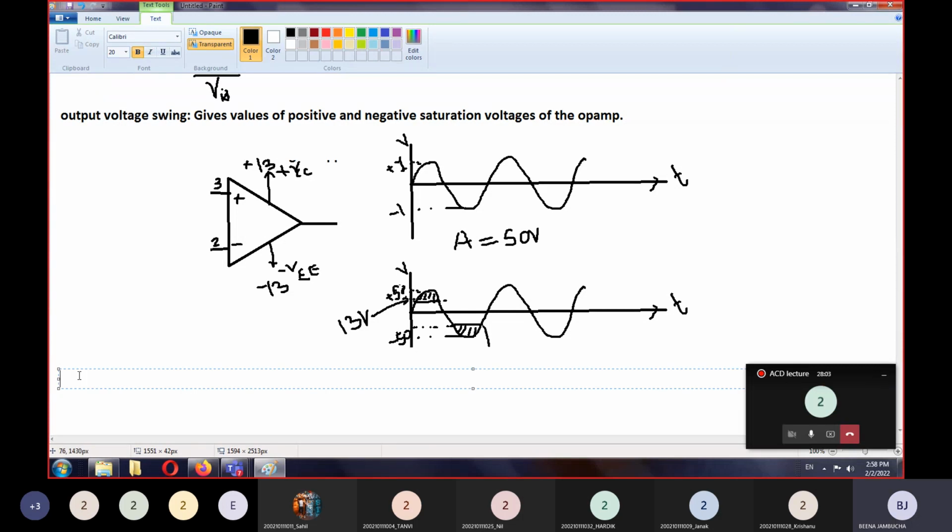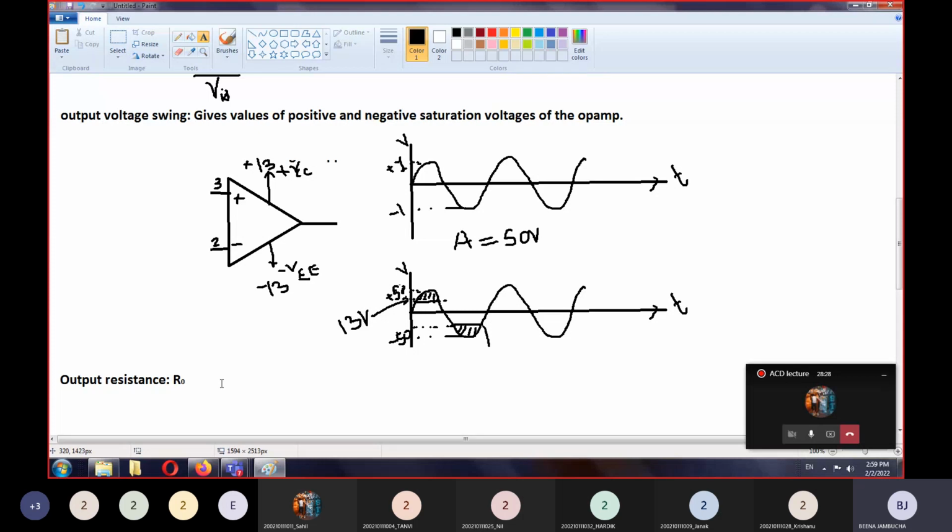The next parameter is output resistance. What should be the value of output resistance for an amplifier? Any idea? What should be the output resistance?